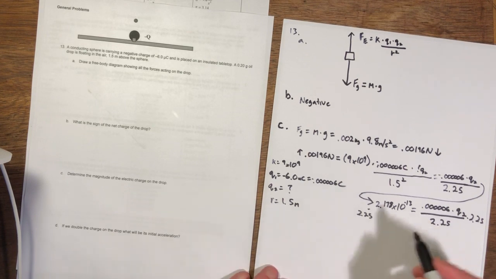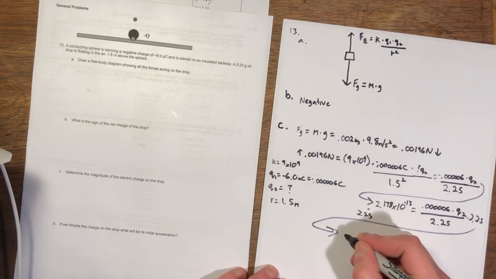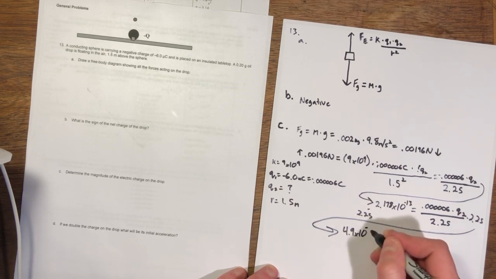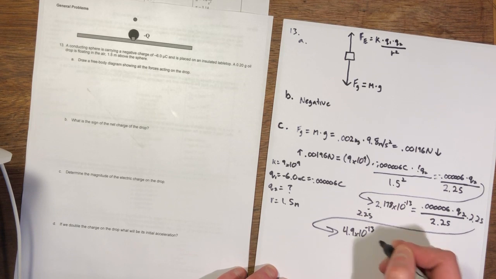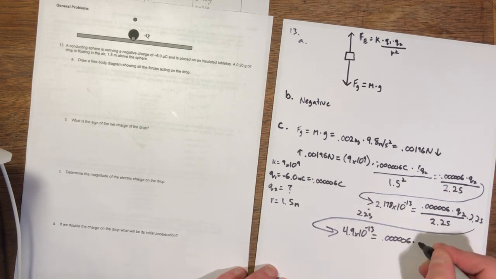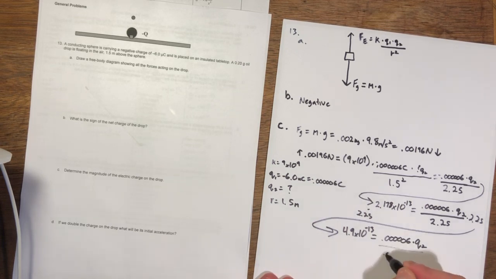What you're going to get, and I'm just going to redo everything back over here, 4.9 times 10 to the negative 13th, and that's going to be equal to 0.123456 Q2. Divide by 0.123456.